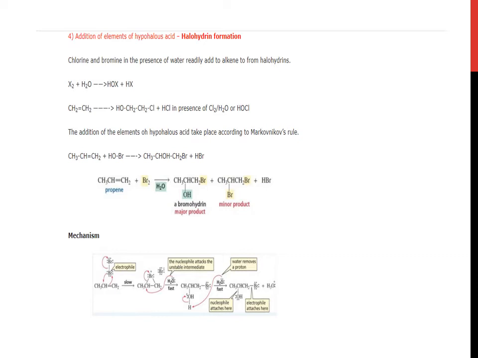CH3CH=CH2 when it reacts with bromine in presence of water gives a bromohydrin, which is the major product. And let us study its mechanism now. What happens actually when Br2 attacks the double bond of propene, it works as electrophile, and then one Br negative is left and the other Br joins to the doubly bonded carbon.